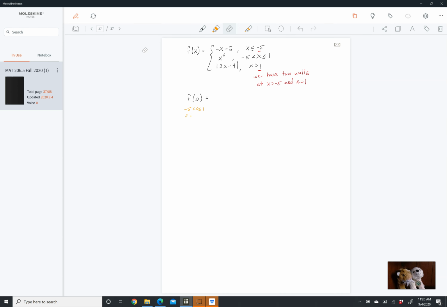So we plug into the middle function. So we're going to plug 0 into x squared, which just gives us 0, which means that the point that we have is 0, 0.